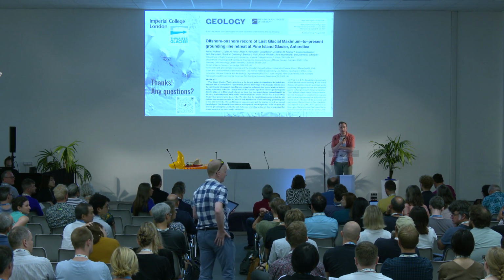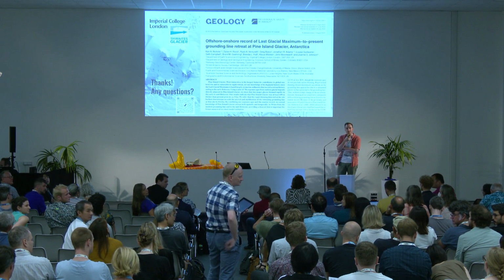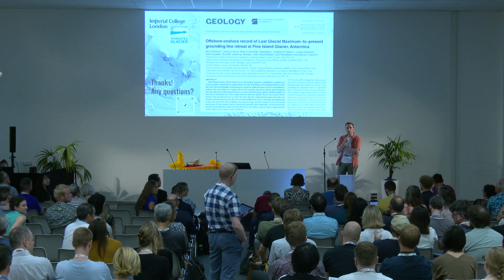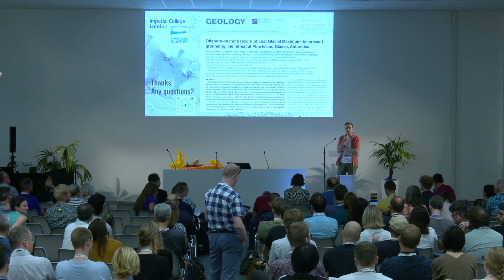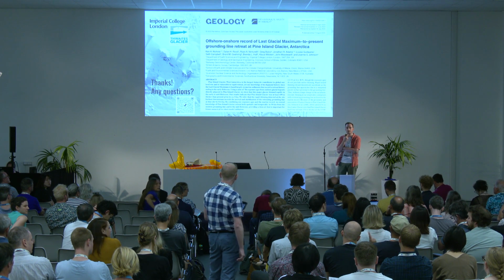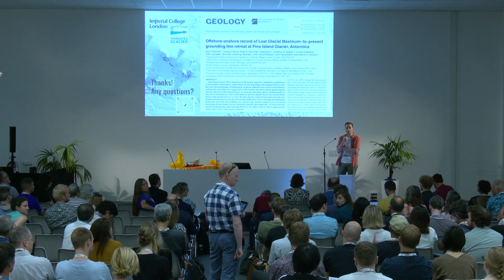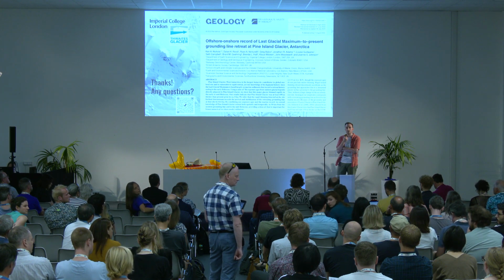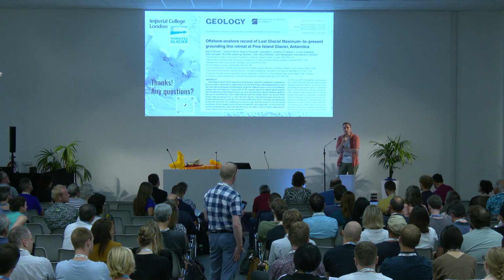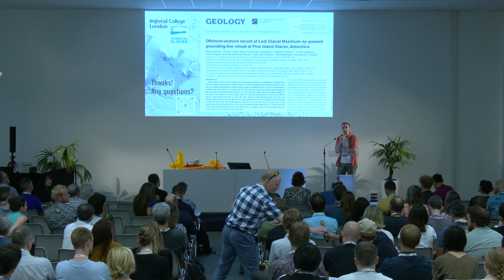Nice talk. I'm just wondering, some of the data we have from the Eastern Ross Sea suggests that the grounding line can hang out a long time in a position while there's much deflation going on. So not necessarily a direct correlation between the deflation in the interior and when the grounding line shifts. Any thoughts about that, what your data might reveal? Yeah, so it's definitely an assumption we're making.